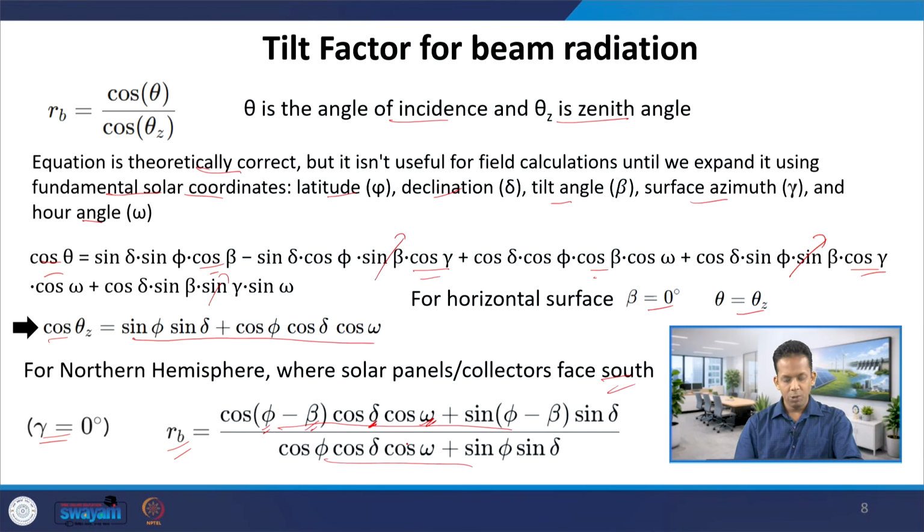So, once all those angles are known, we can easily calculate the tilt factor for beam radiation. And for the tilt factors for diffuse radiation and reflected radiation, what we need to know is only the tilt angle. So, once we have all these angles along with the tilt angle, we can calculate RB, RD and RR.